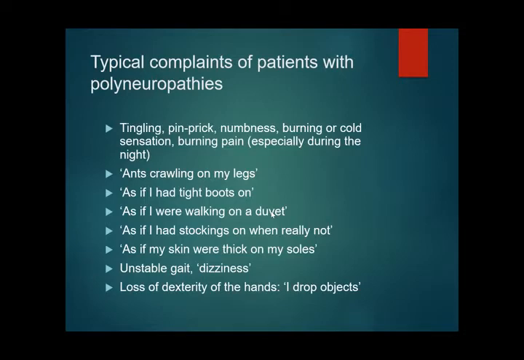Then, causes of polyneuropathy can be metabolic or endocrine disturbance like diabetes and uremia. Vitamin deficiencies like B1 deficiency, alcoholism leading to B1 deficiency, malabsorption, malnutrition, B12 deficiency, toxins like heavy metals and industrial solvents, and certain drugs and alcohol.